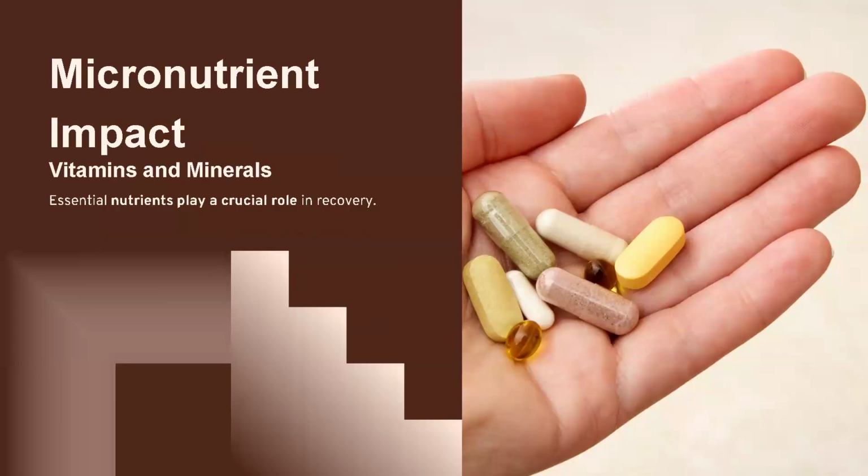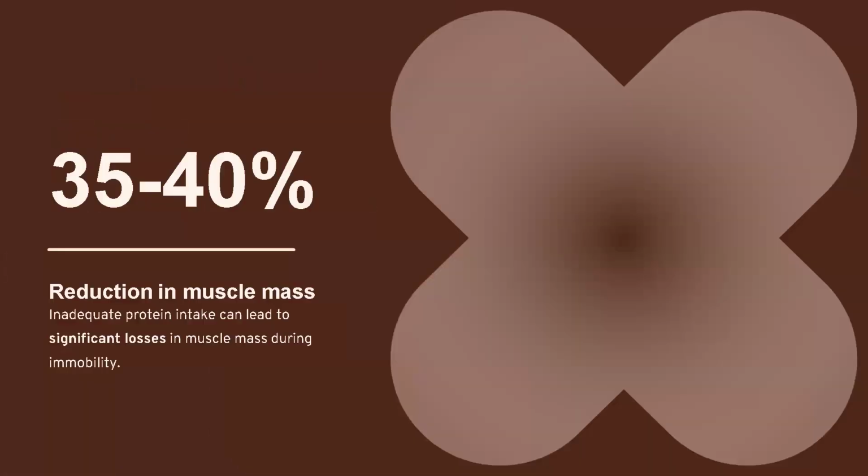And then still within the strategies, as earlier mentioned, we do have micronutrient supplementation. There is profound impact on micronutrients, and these are basically the vitamins and minerals as earlier stated, because they play a crucial role in the recovery.